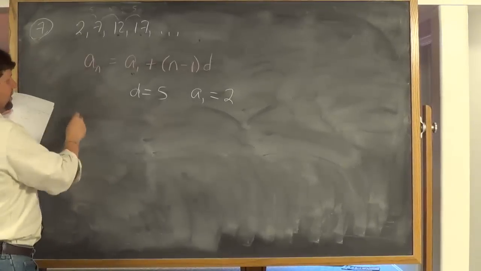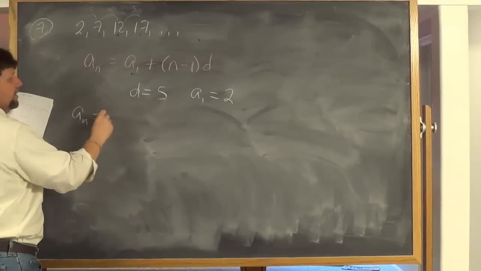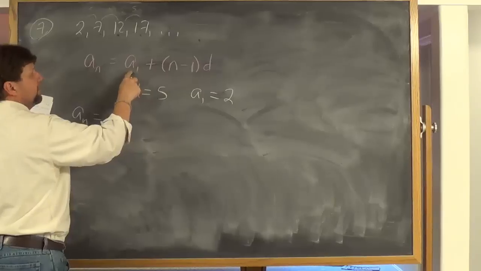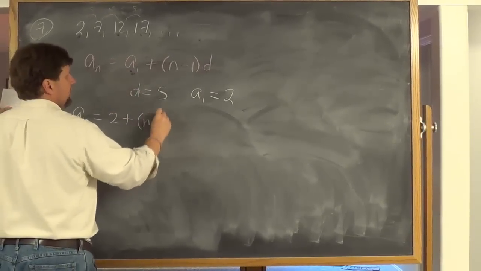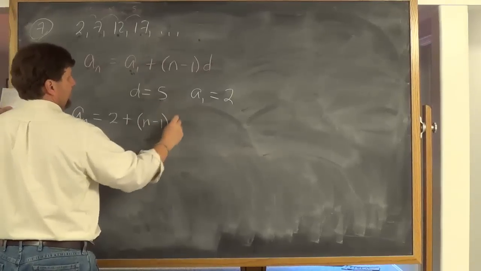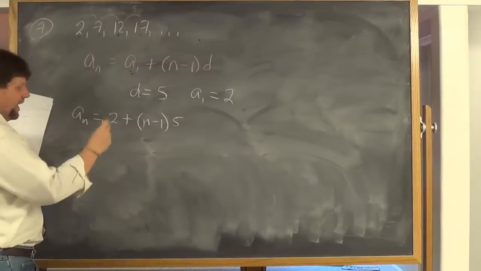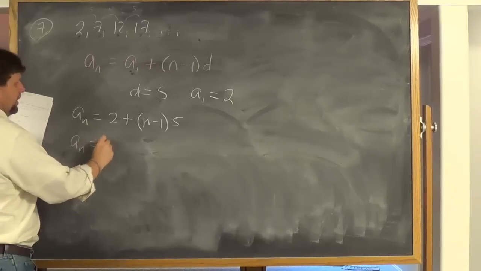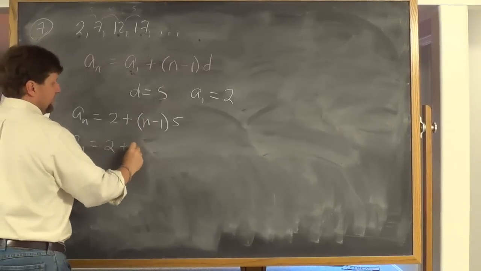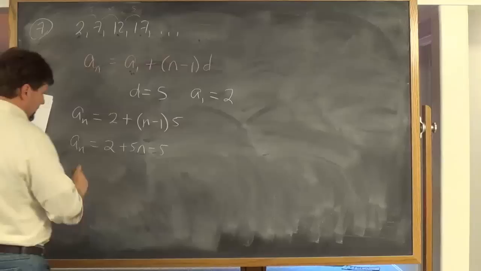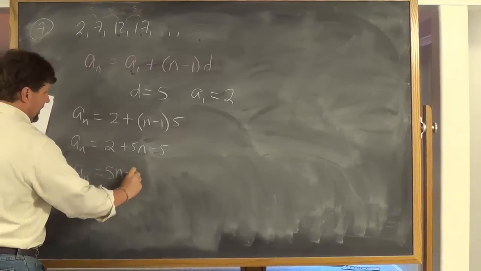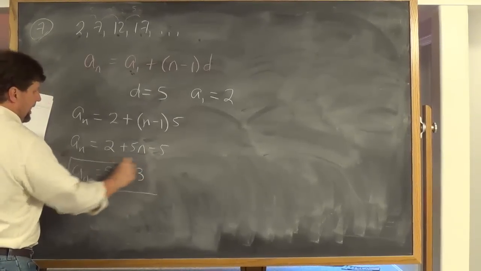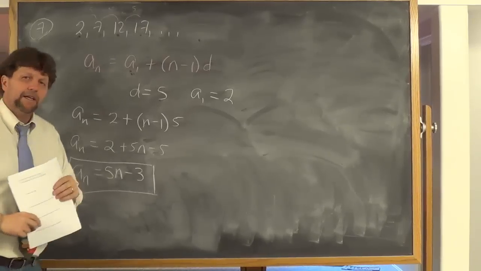So folks, all we have to do is substitute in 2 for a sub 1, plus n minus 1 times 5. And now you just clean it up. Distribute the 5, and then combine like terms, and you get a sub n is equal to 5n minus 3.